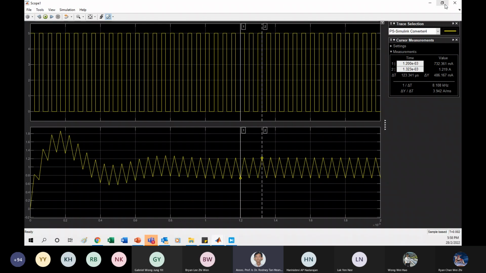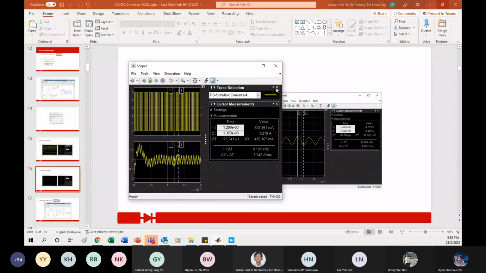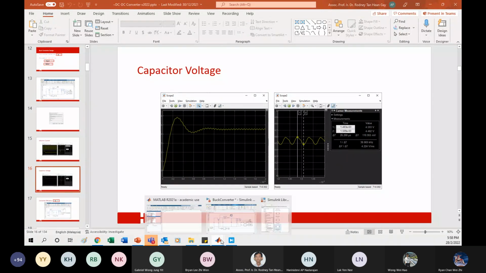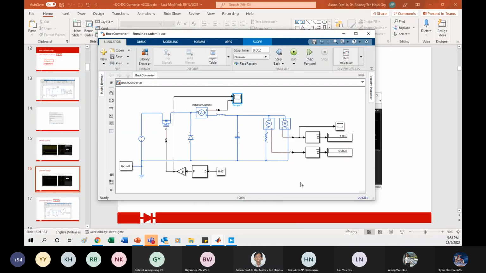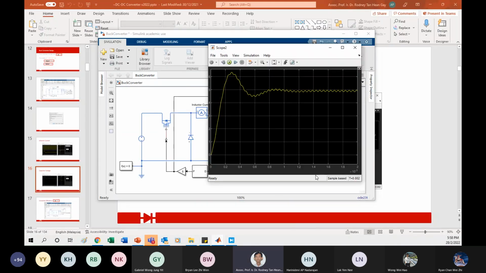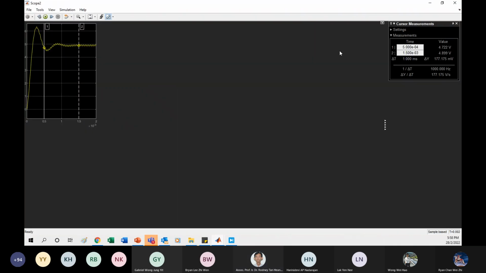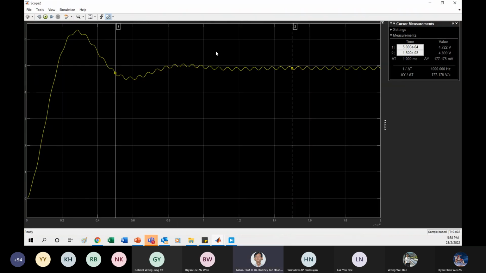If I close this one. Okay, this is the voltage output scope. Click this one for measurement. And of course you can zoom in if you want.